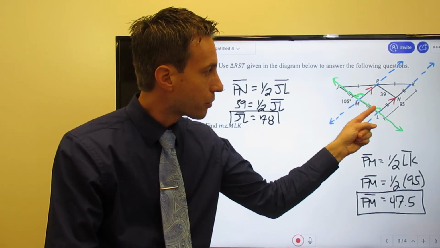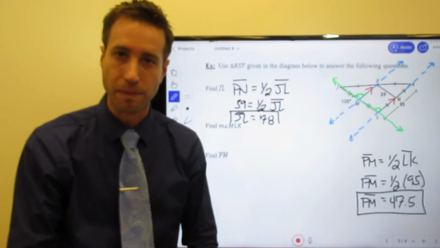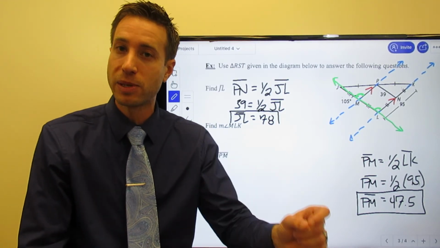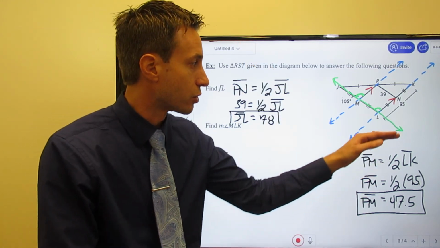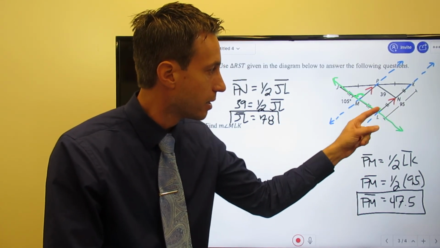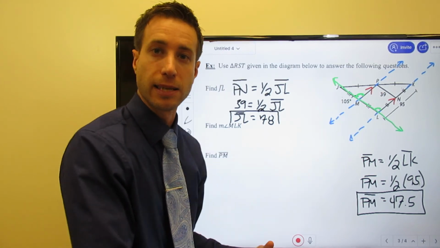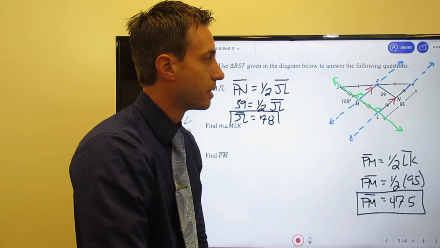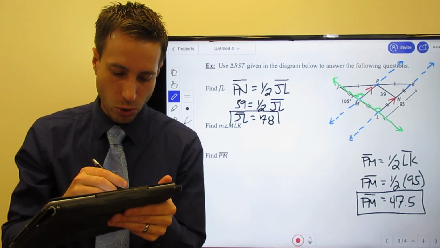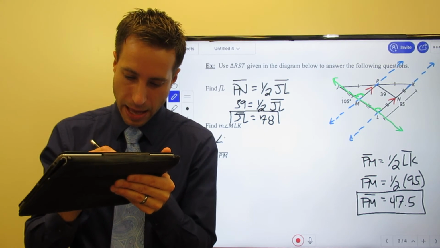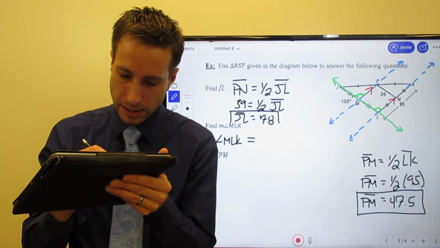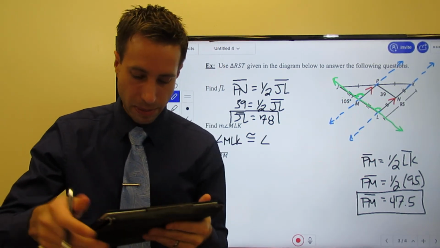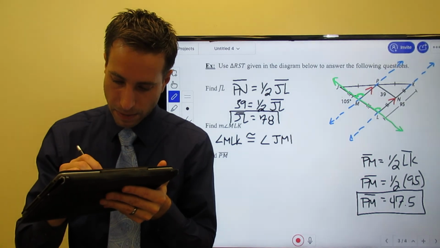Well, what do you know about those two angles? What's the relationship between them? Sure enough, they're corresponding angles. They're in the same position in different intersections. In this intersection right here, angle L is in the top right-hand corner. Up here, 105 is in the top right-hand corner. So I know that angle MLK is congruent to angle JMP.